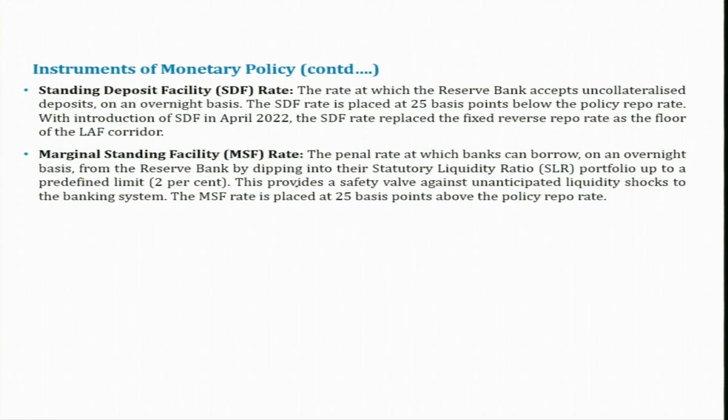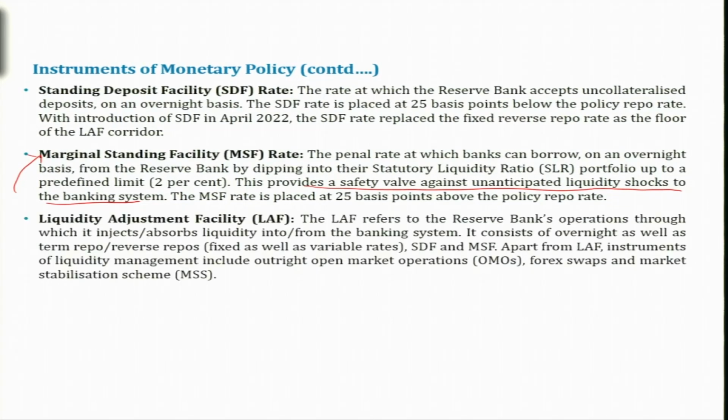This provides a safety valve against unanticipated liquidity shocks to the banking system. So, if a bank is unable to meet its liquidity needs, then they can borrow using the marginal standing facility window at this rate.